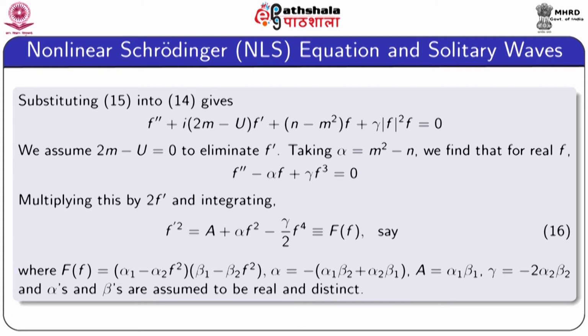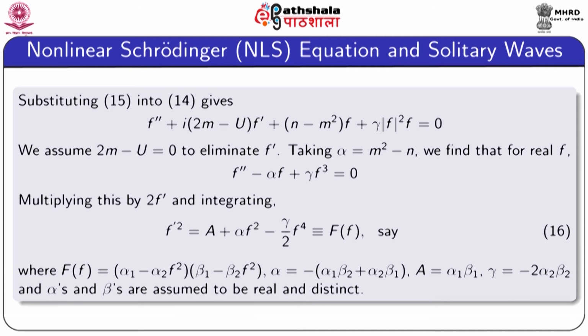Let the expression on the right hand side of equation 16 be a function of small f, say capital F. Capital F is a biquadratic expression in small f, so it can be factorized into two factors in f square.